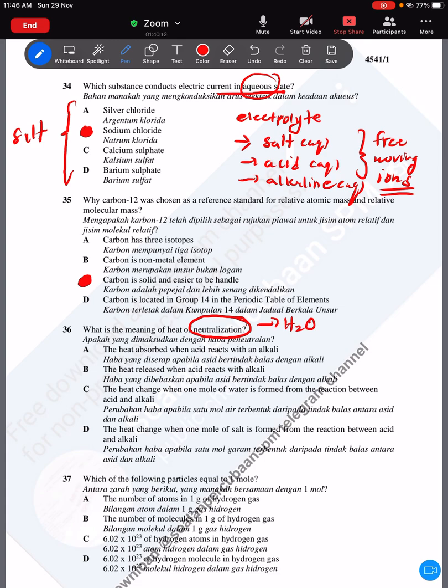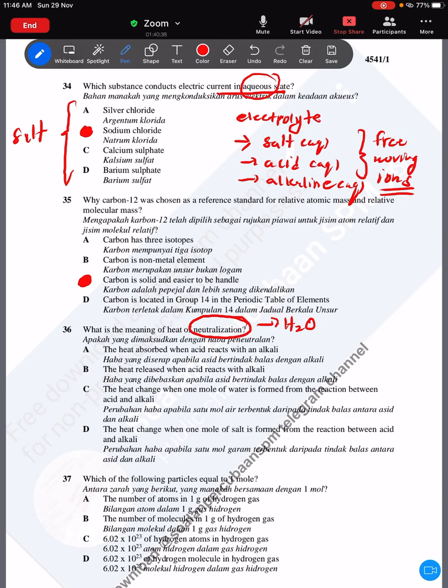That is the first thing that you need to know. How does the neutralization work? When you have an acid and alkaline, you mix together, that is how the neutralization form the water.